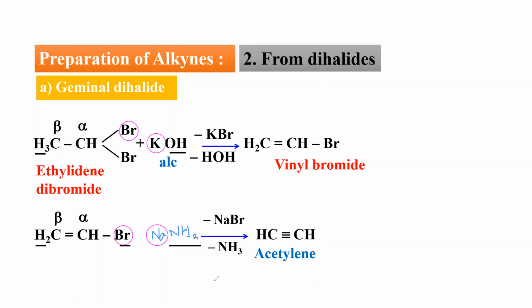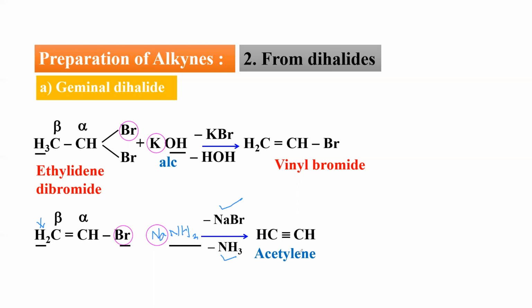So NaNH2 is what is used. Sodium will take away bromine to go out as NaBr. NH2 will take away one of the beta hydrogens to go out as NH3, finally giving us CH triple bond CH, which is acetylene as the product.